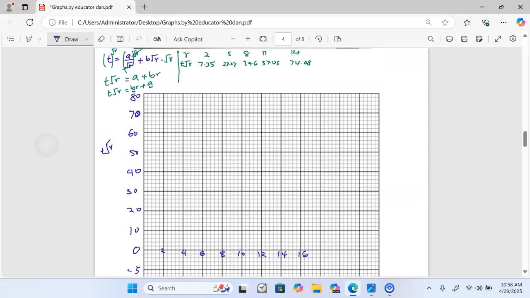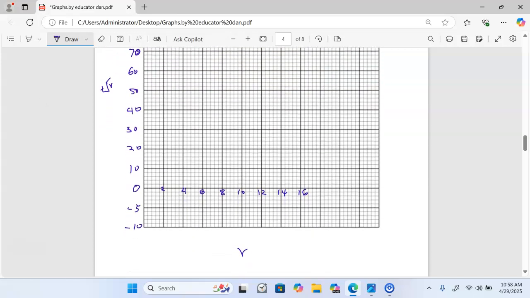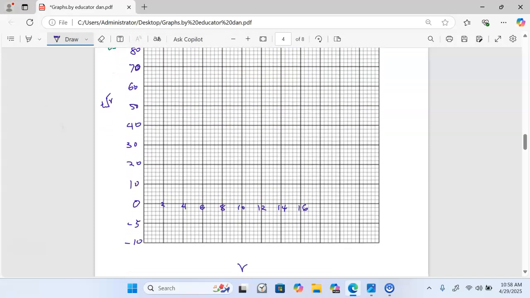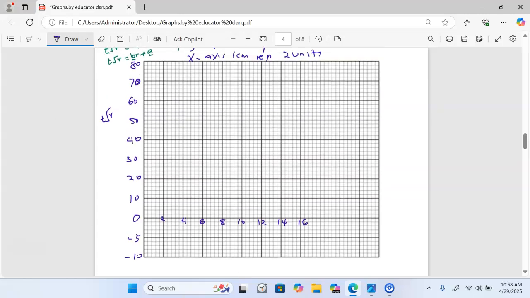Once we have that, we can quote our scale. For the y-axis, 1 centimeter, which is 1 box, represents 10 units. And for the x-axis, 1 centimeter represents 2 units. We have our axes labeled and the scale is now provided. We can now get our graph done.